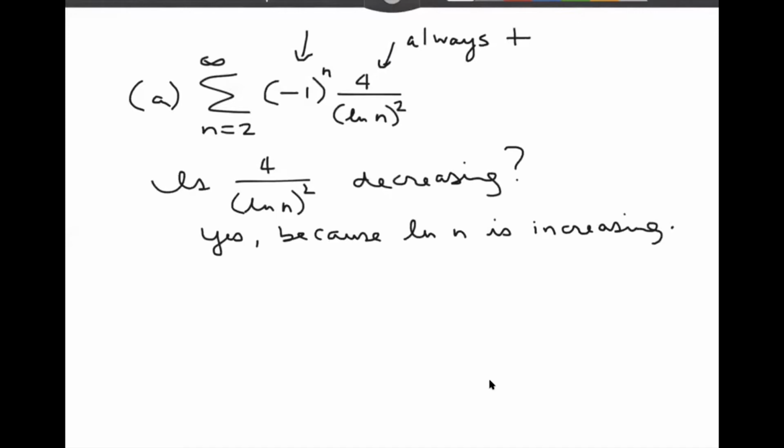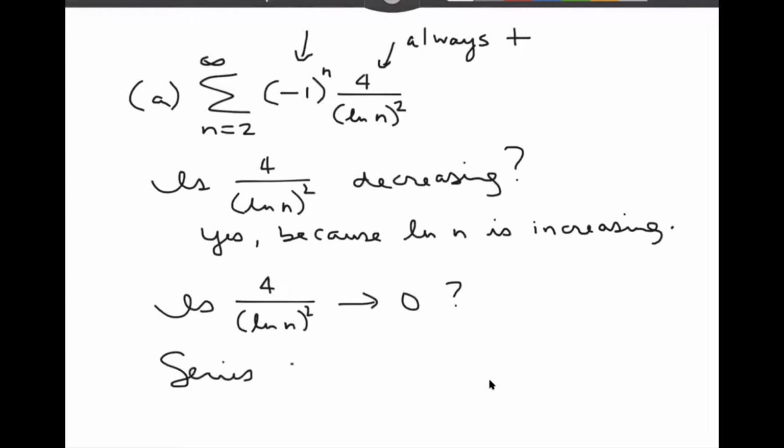All right, and then finally, is 4 over natural log n squared approaching 0? Well, yes, it is, because natural log n is approaching infinity. So the conditions of the alternating series theorem are all met, and this series converges by the alternating series theorem. All right, like I said, very easy theorem to use, very easy test to use.